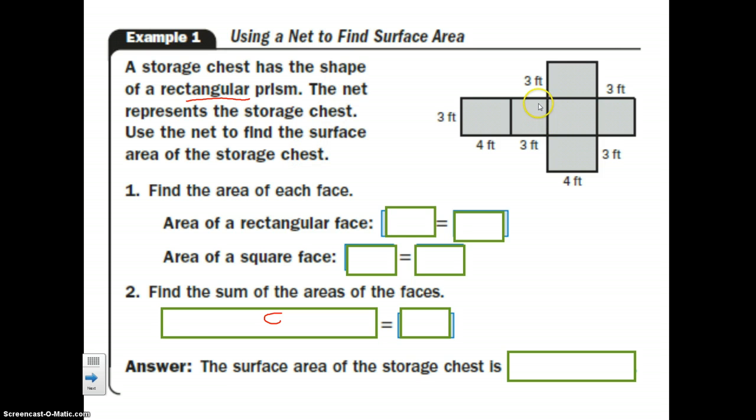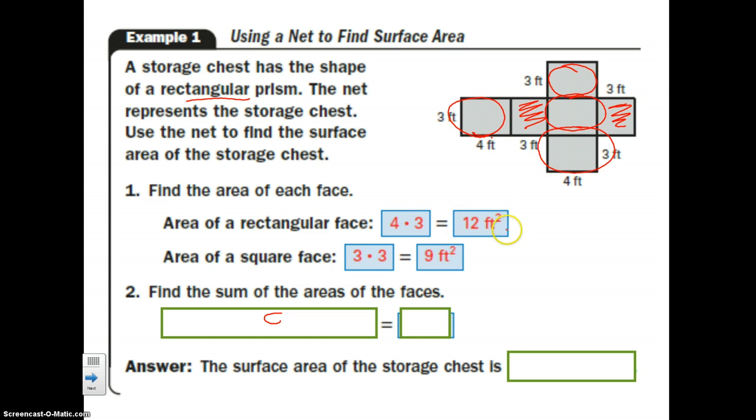Well, you can see that these rectangles are all the same measurement. 3 times 4, which is 12. And then we have these squares, of which there are 2. So you take the 12 and multiply it by the 4 rectangles, and you take the square and multiply it by the 2 squares.